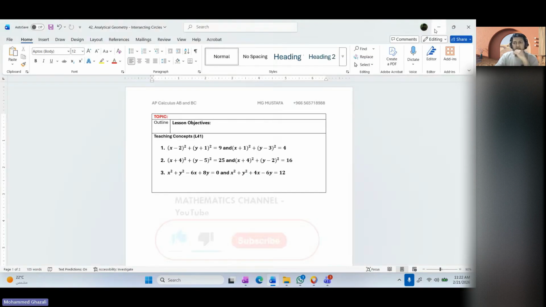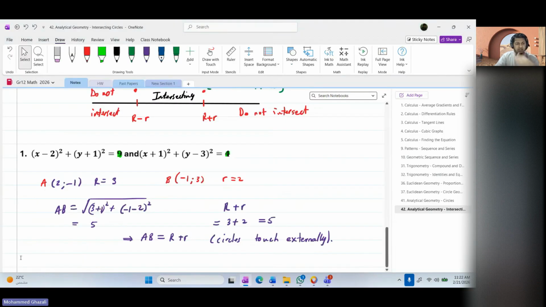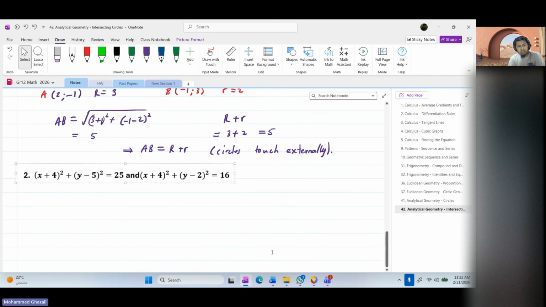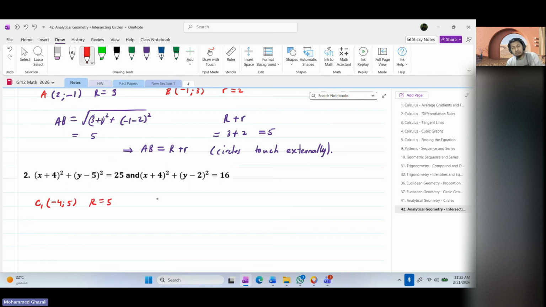So it's best to put the equations in center-radius form, so you can solve it quickly. If you don't know how to put the equation in center-radius form, I showed you how to complete the square. So the center 1 is -4 and 5, and the radius is 5, because the square root of 25. And center 2 is -4 and 2, and the radius is 4.